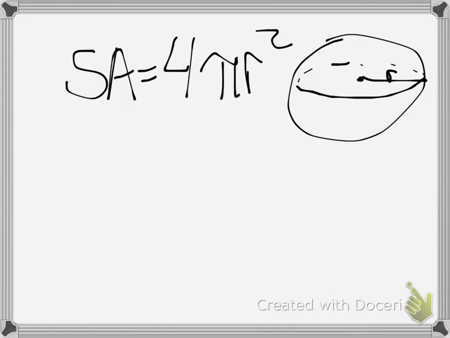Think of it like 4 flat circles. A sphere basically has the same area as 4 circles with the same radius. Pi r squared is the area of one circle, so we're just going to multiply by 4.